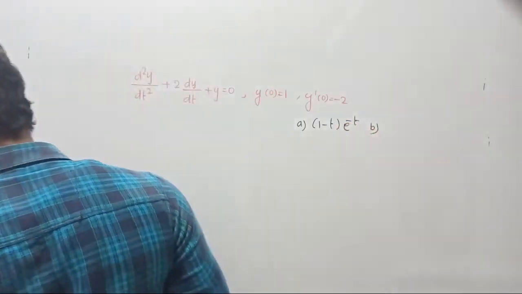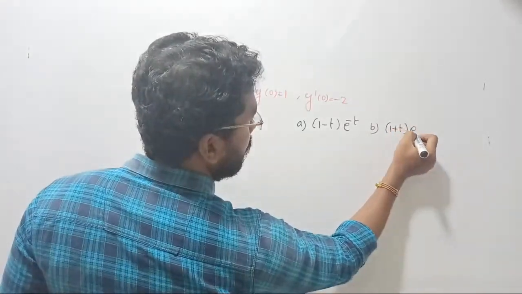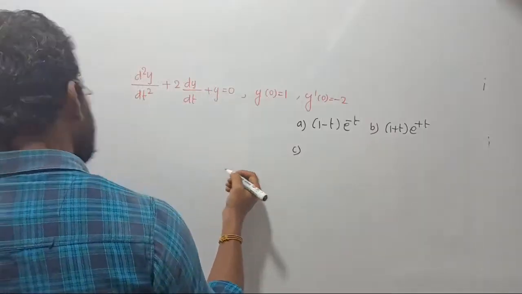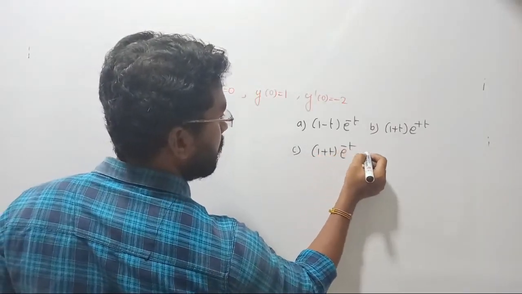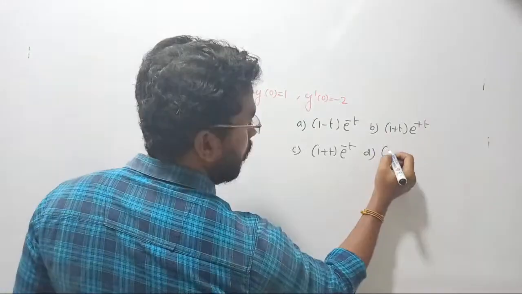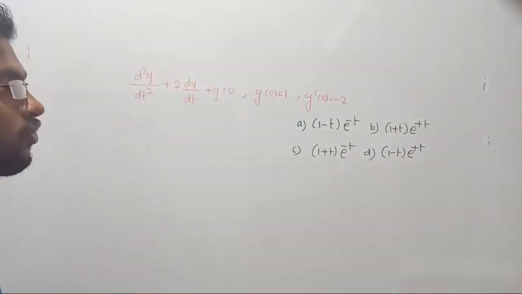Option B: 1 plus t into e power plus t. Option C: 1 plus t into e power minus t. Option D: 1 minus t into e power plus t. So totally we have 4 options.